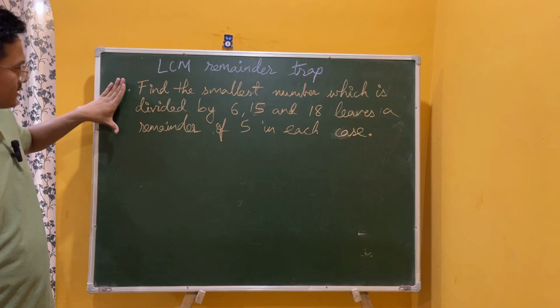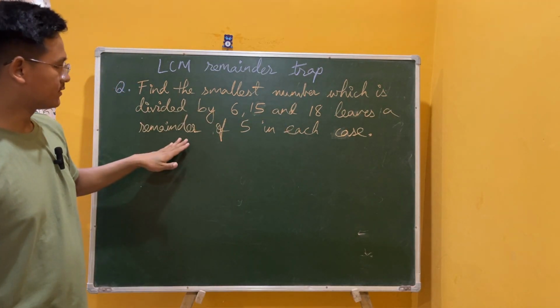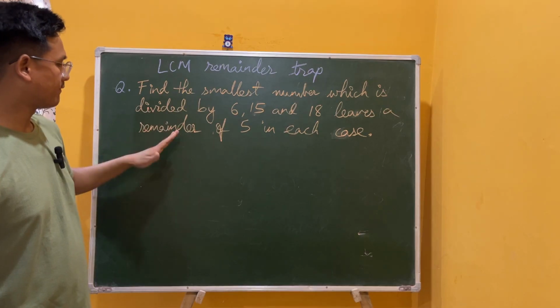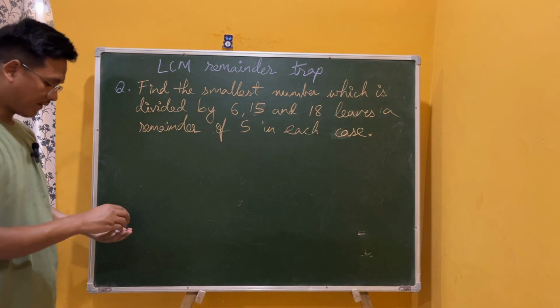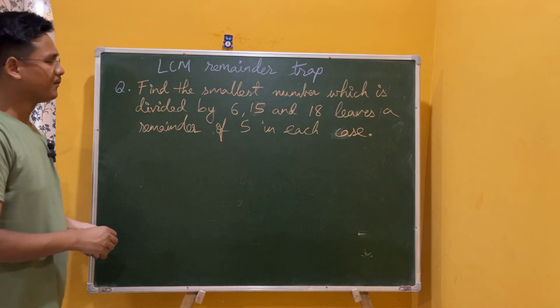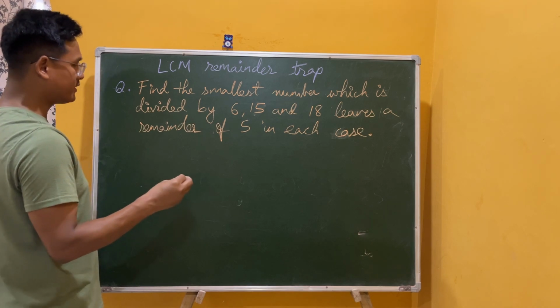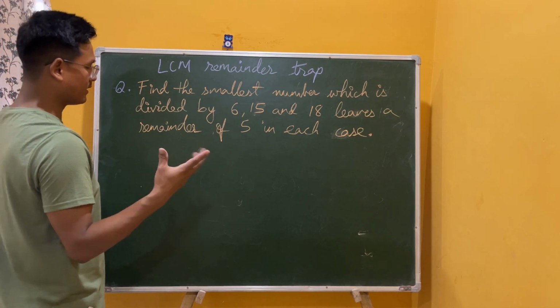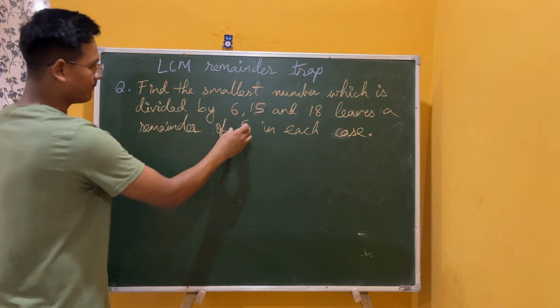So if you see this kind of question, the numbers can change, but this is not finding HCF, this is from LCM. So that's why I've given this heading. Now you'll have to find that smallest number which when divided by these three numbers will leave the remainder 5.